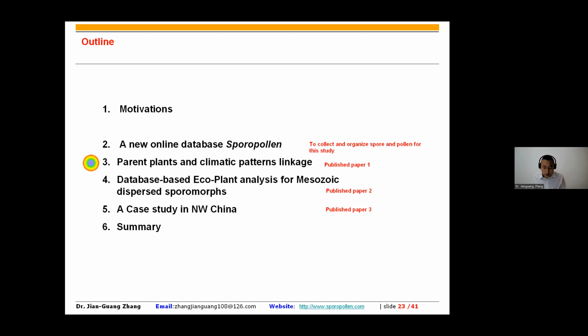With the help of the collected data in this database, dispersed Mesozoic sporomorph genera of bryophytes, pteridophytes, and gymnosperms are reviewed by comparing the unique outline and the sculpture of the sporomorph wall with that of modern plants and the in situ fossil plants.